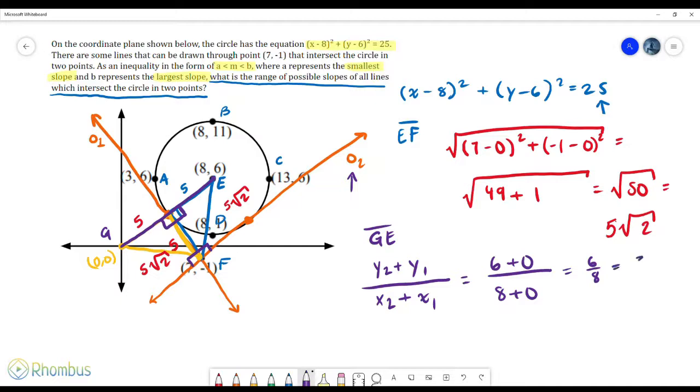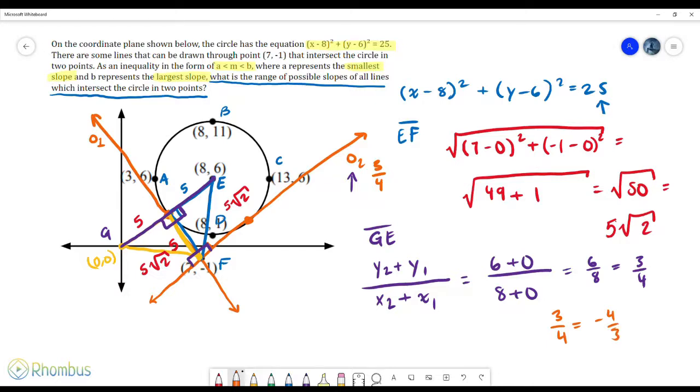So that's the slope of the line O2. So let me write that down, 3/4. Now, because the two lines are perpendicular right here, we can just take the negative reciprocal of 3/4 to find the slope of O1. So the reciprocal of 3/4 is -4/3. Now that's the slope of O1.